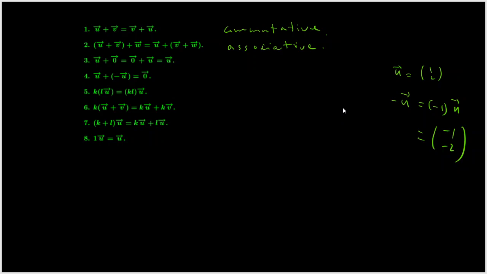I'm going to write down the full name. Scalar multiplication is distributive over vector addition.